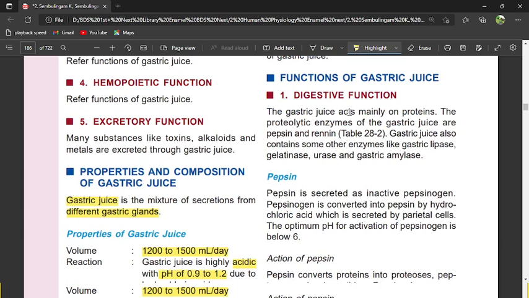The digestive function. The gastric juices act mainly on the proteins. Yes, they are the proteolytic enzymes of the gastric juice. They include the pepsin and renin.